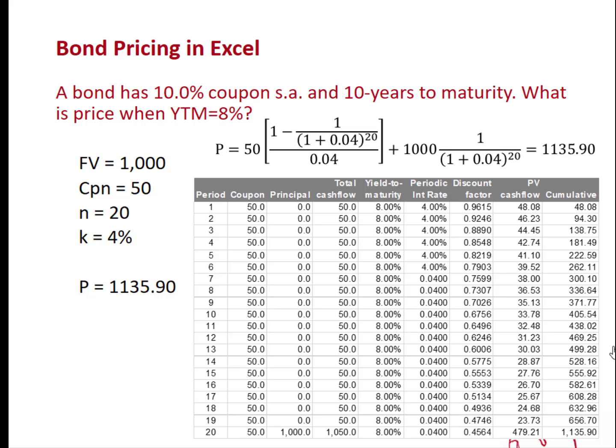That leads to cash flows that need to be discounted. The yield to maturity actually has to be divided by 2 to get our periodic interest rate of 4%. We use that to calculate our discount factors. We multiply our discount factors times the cash flows. We sum up those cash flows to see that the price is $1,135.90 in the bottom right corner of our table.